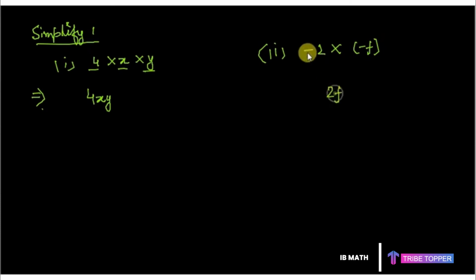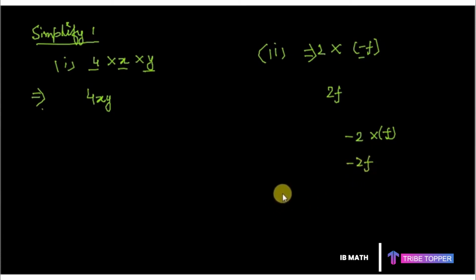Now let's look at the signs. It's minus into minus, and I hope you know that negative into negative, the product is positive. So I got 2f. Had it been minus 2 times f, then I would have got negative 2f, because negative into positive is negative.